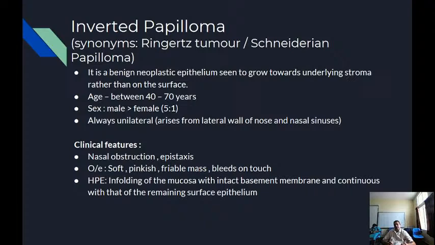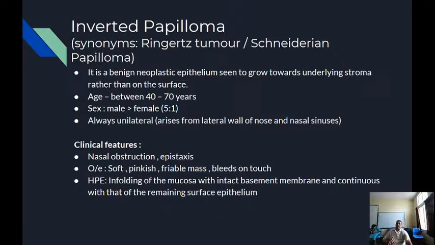Usually the papillomas are the ones which are exophytic, which grow outward, but this is the one where the enfolding of the mucosa occurs, and so they are a little peculiar. They also behave sometimes peculiarly, because they almost behave as if they are locally malignant, and there is always high transformation of these inverted papilloma into malignancies.